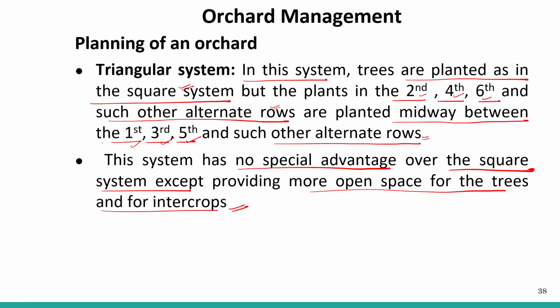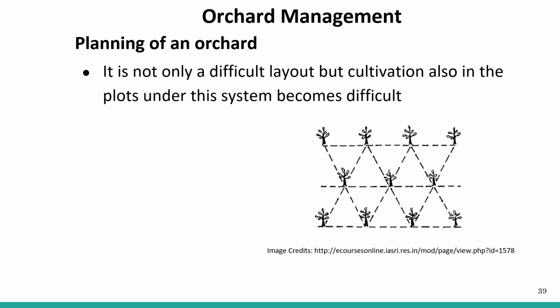Suppose we are having big trees, right, then we can go for the triangular system because for the canopy and the proper growth of the tree, we require proper space. So this particular system provides more open space for the trees and for the intercrops.